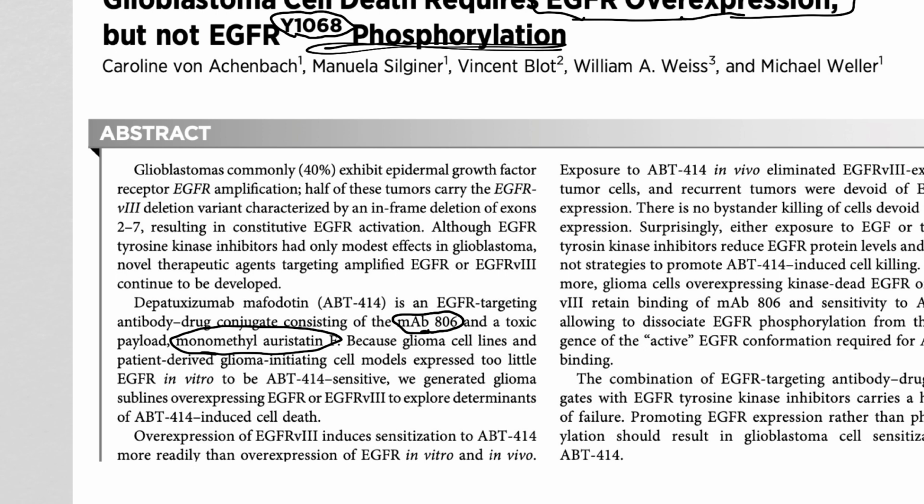And so we're looking at glioma cell lines that have a variety of different conditions. Some of them overexpress wild-type EGFR, meaning they just make a lot of the normal wild-type receptor, or they have that EGFR V3 mutation. That's the one where 3 different exons have been removed and leads to a constitutively active receptor that's always on.